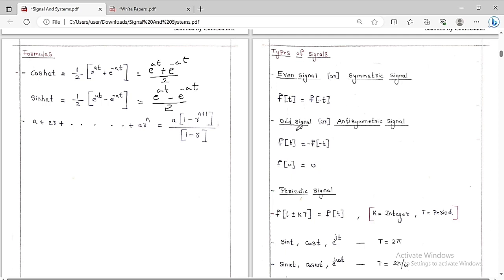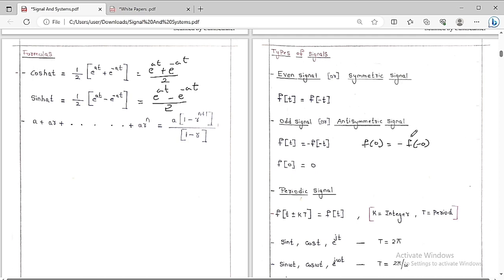Then the odd signal or the anti-symmetric signal. What is the meaning of this one? When f of t is equal to minus of f of minus t, or simply f of minus t is equal to minus of f of t, then it is an odd signal or anti-symmetric signal. I want to find the value of this function at t equal to 0. Substituting 0 in place of t, f of 0 is equal to minus of f of minus 0.